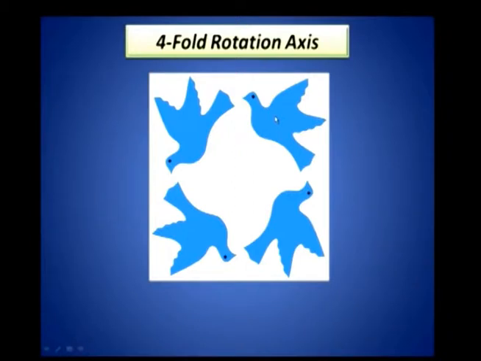As far as the birds are concerned, you have got 4 birds. Whenever the pattern or the whole slide is rotated through 90 degrees with respect to an axis perpendicular to the plane of the slide, you will go back to an identical configuration.